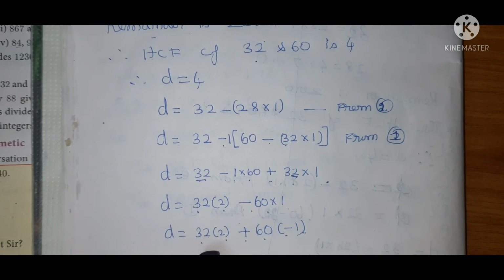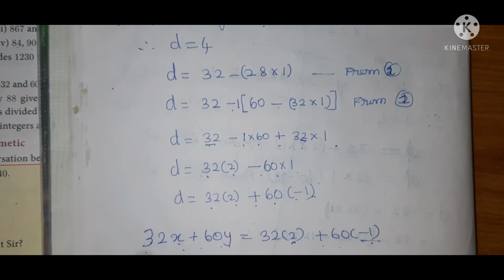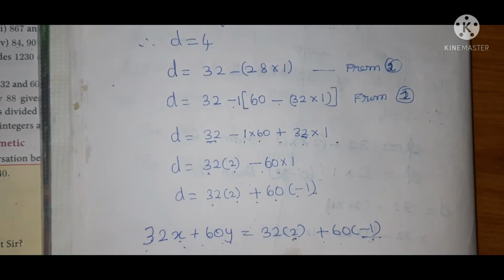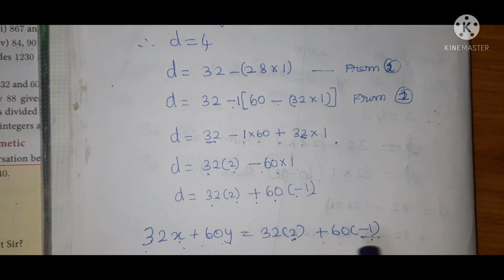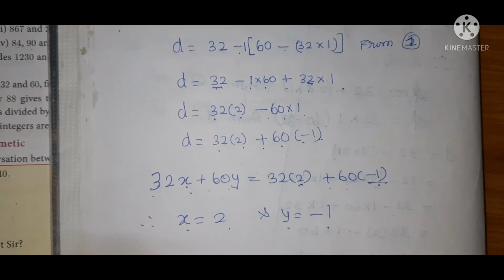D is equal to 32 into 2 plus 60 into minus 1. Comparing 32x plus 60y with 32 into 2 plus 60 into minus 1, 2 replaces x and minus 1 replaces y. So x is 2 and y is minus 1.